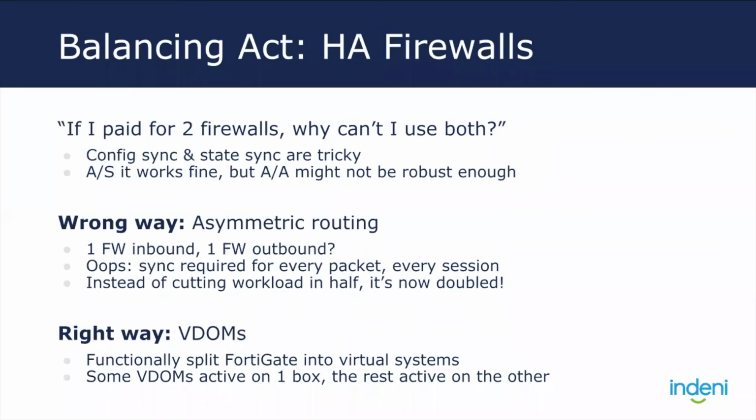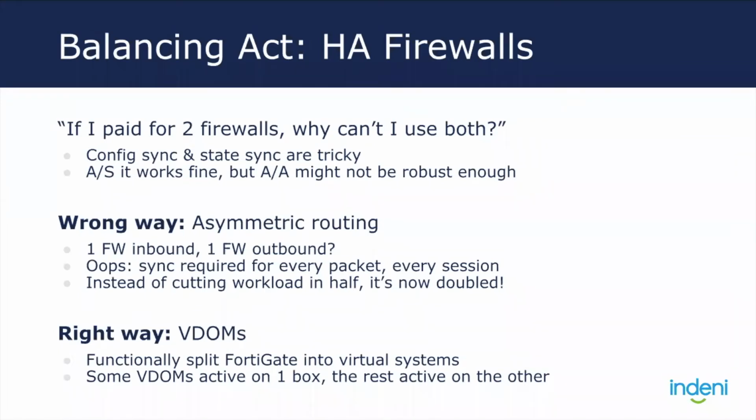And they have to do it semi-blindfolded, waiting for the state sync updates coming from the other firewall, from the other peer. So instead of doing asymmetric routing, the right way to do this, to be able to get active-active, is going to be, again, using VDOMs.